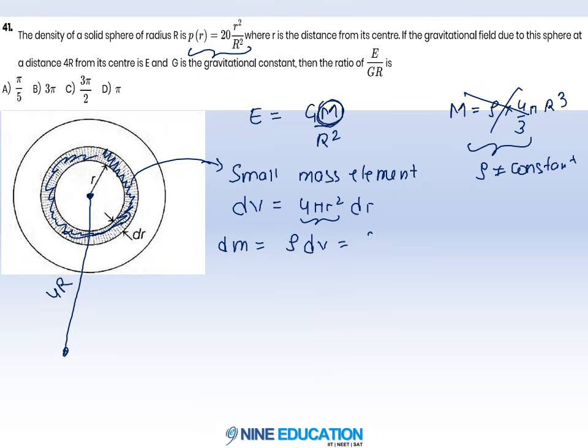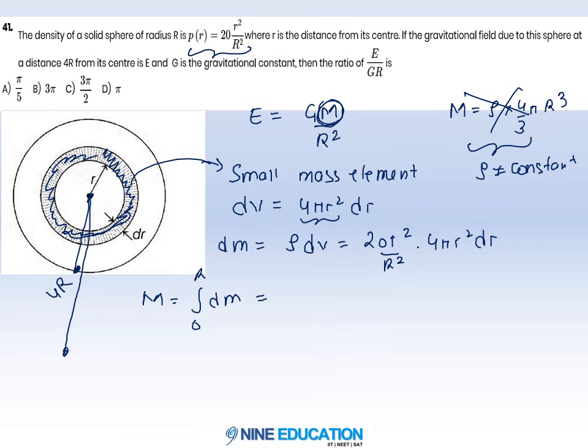So rho is how much? 20 r square upon capital R square into 4 pi r square dr. So students, mass becomes the integral of dm, and remember in this case the limits of integration are not from 0 to 4r. Why? Because mass is only up to here, so limits are 0 to R.